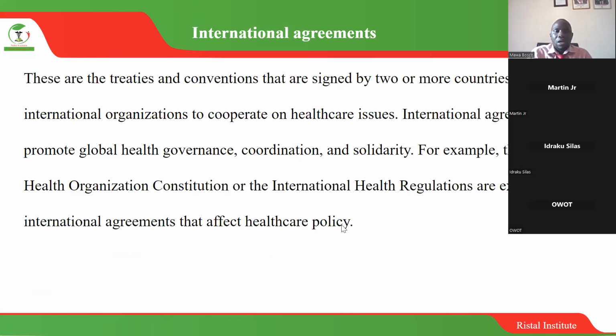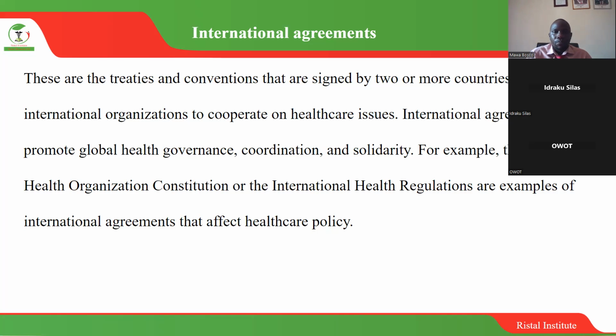And then we have policies that are issued by international agreement. International bodies, for example, issue policies that become incorporated into the national policies. So, for example, entities such as WHO are very important in issuing policies, and then these policies can be adopted by the national governments.